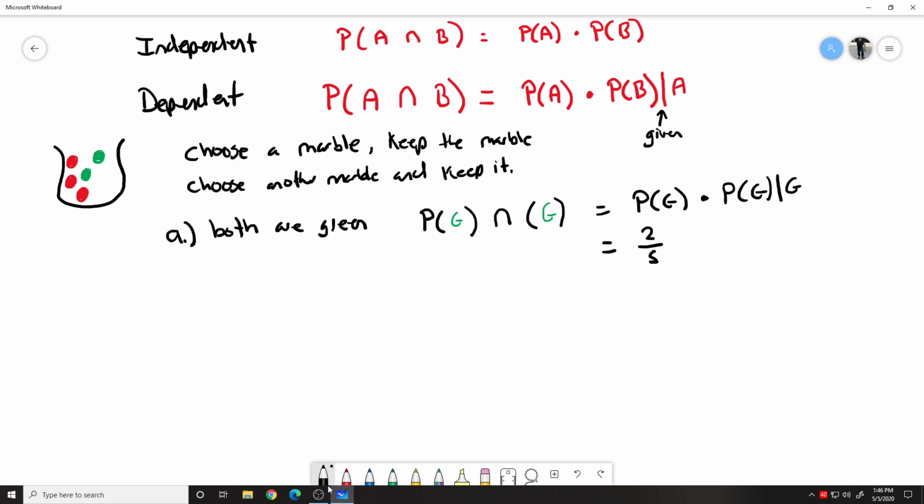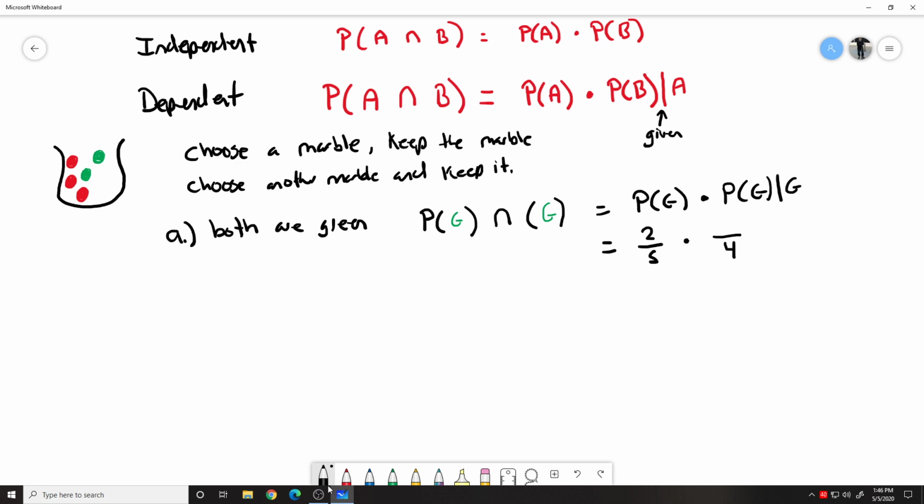When you're doing these formulas, you're going to assume that you got what you wanted on your first pick. You assume it went right and you actually did get a green marble on the first pick. So when we do the second one, this is where we have to be careful. There were 5 marbles. How many are left now if we keep the green one? 4. There are now only 4 marbles.